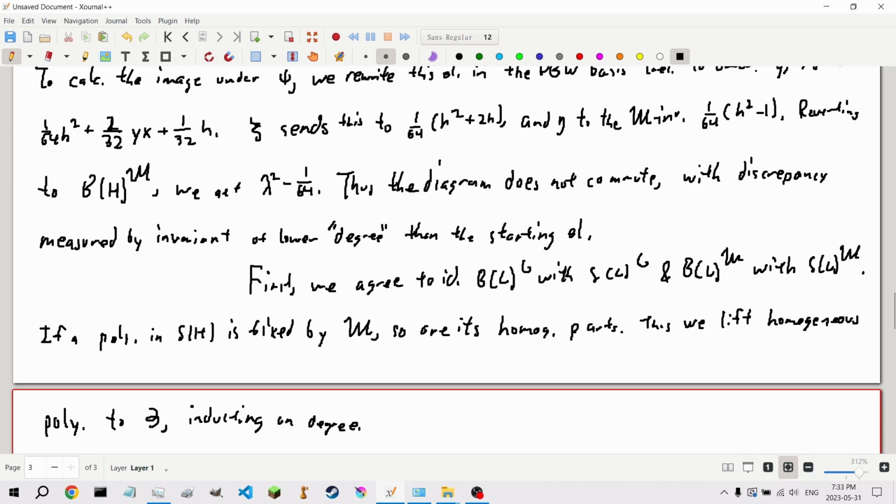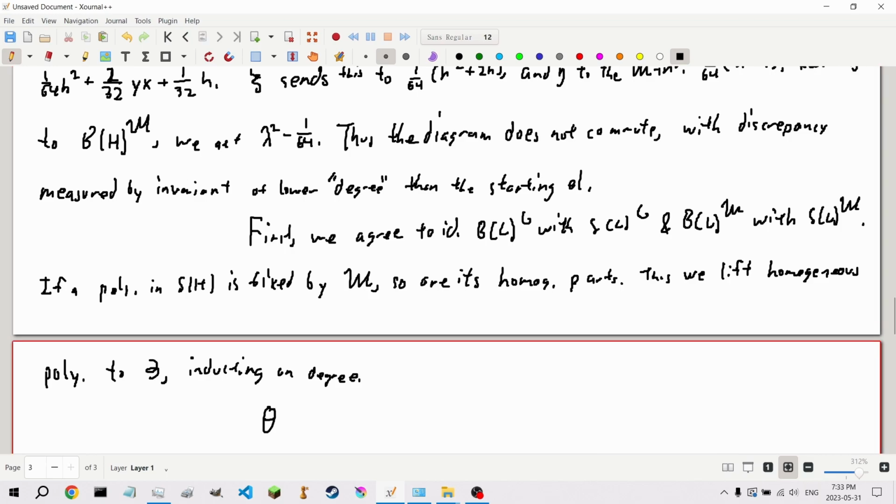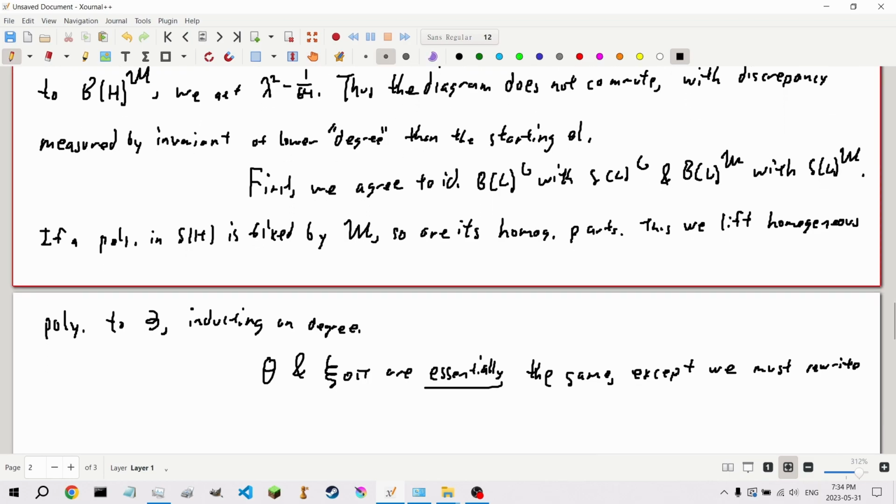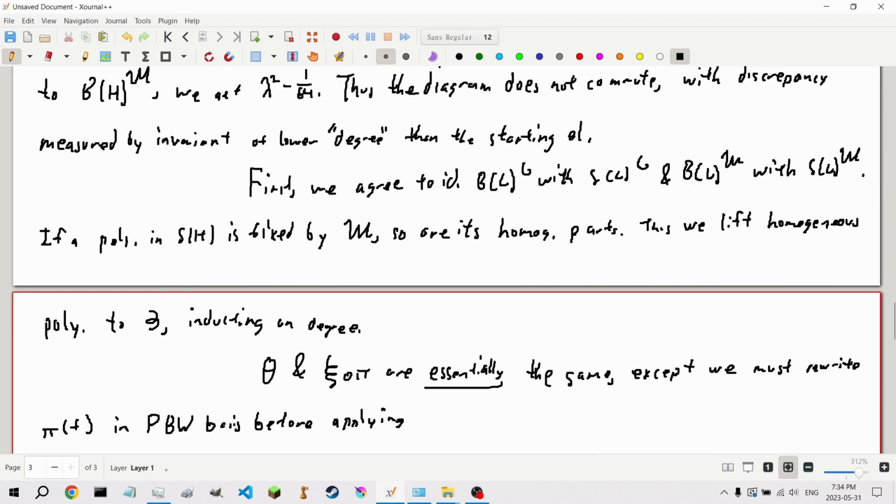Now, theta and the composition of xi on pi are essentially the same, except we must rewrite the symmetric element pi f in the Poincare-Birkhoff-Witt basis for applying our xi, introducing new terms.